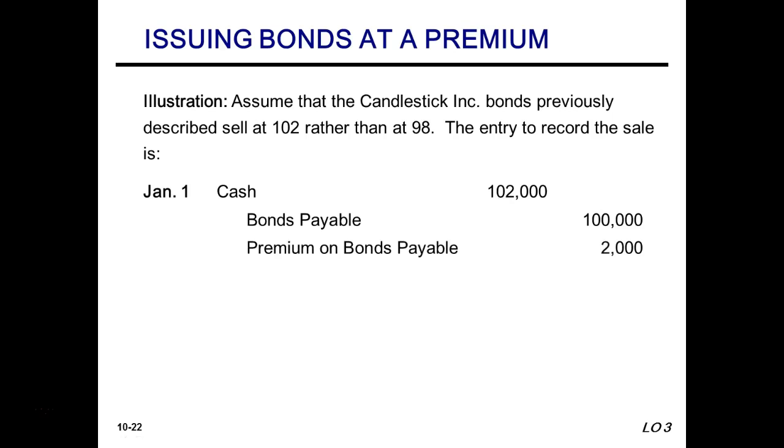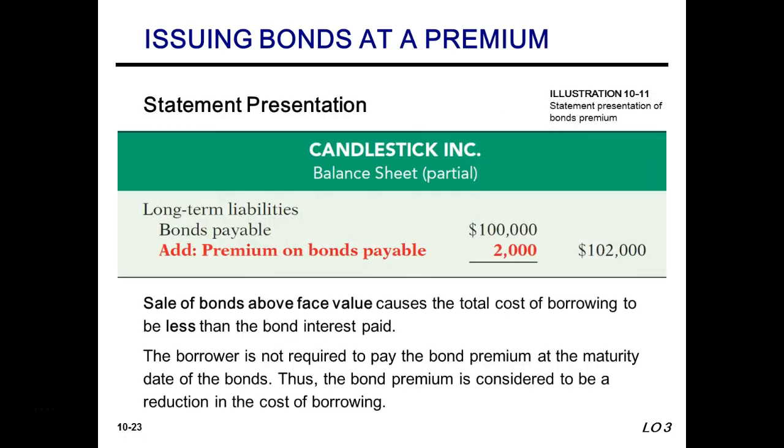We have to pay back, or credit, bonds payable for 100,000, and this premium on bonds payable actually reduces our interest expense. So here's how we would see this on our balance sheet. We would add the premium on bonds payable on the balance sheet. The bond premium is considered to be a reduction in the cost of borrowing.